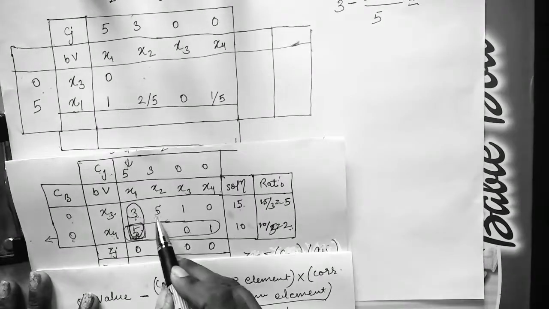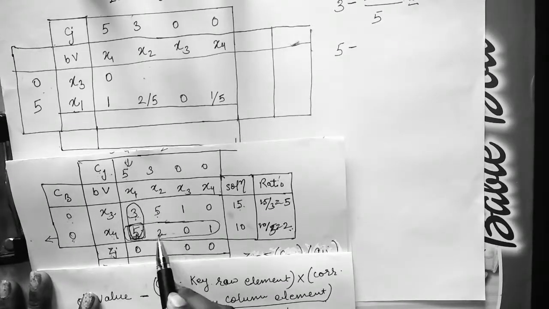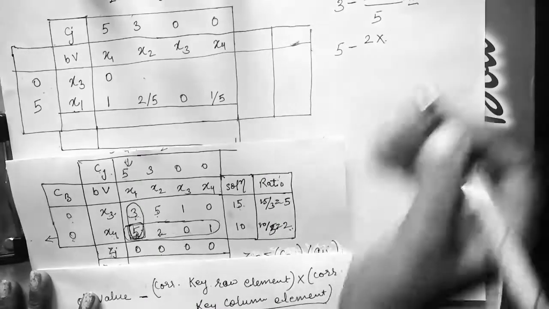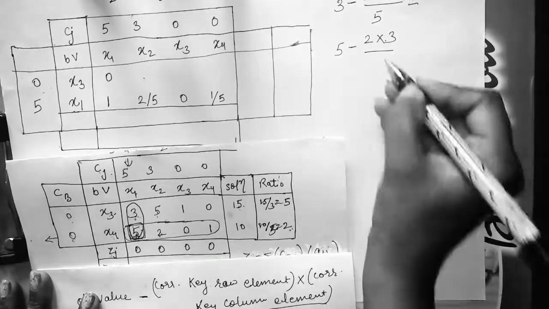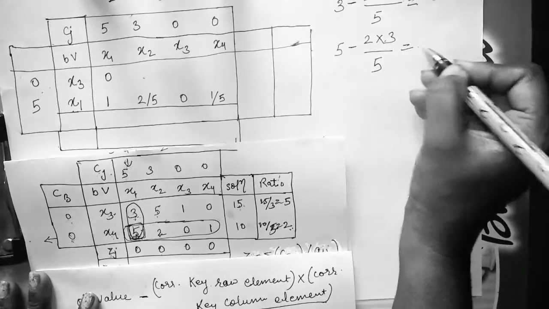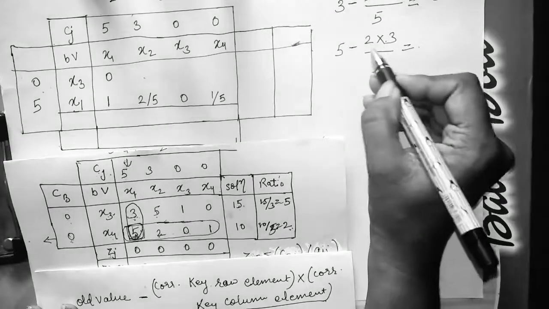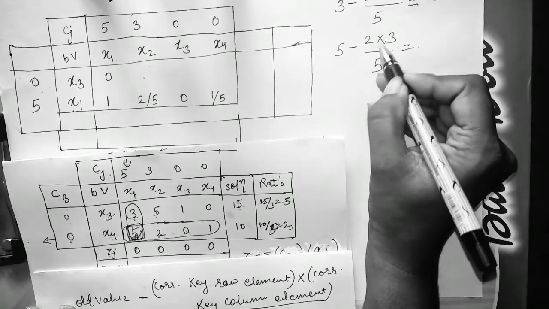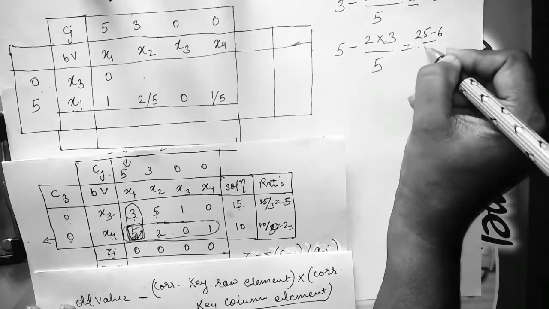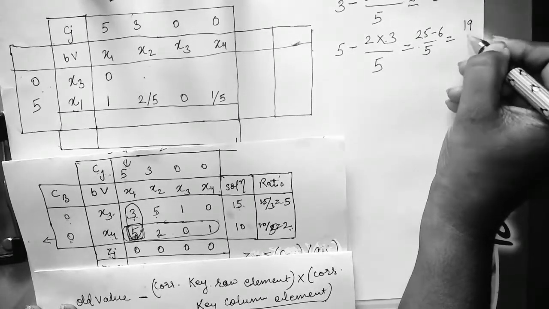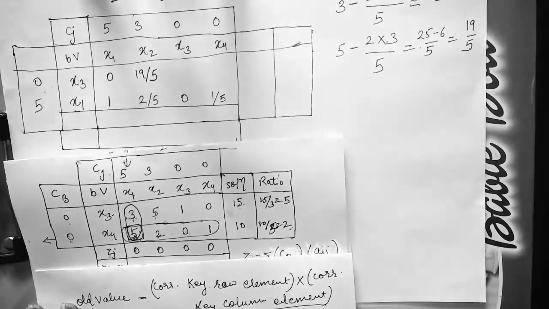Now for this, old value is 5 minus corresponding key row element 2 into corresponding key column element 3 upon key element 5. So what will be the answer? This is 5 minus 6 upon 5, which is equals to 19 upon 5. So here we will put 19 upon 5.